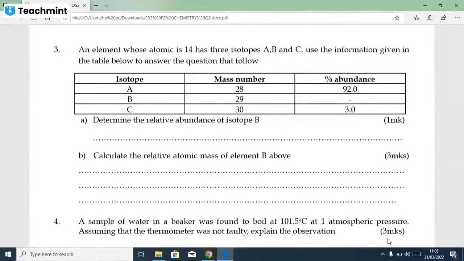Take a pen and do it, and I will do it too. You should get the same answer very fast because that is a calculation. Relative atomic mass.